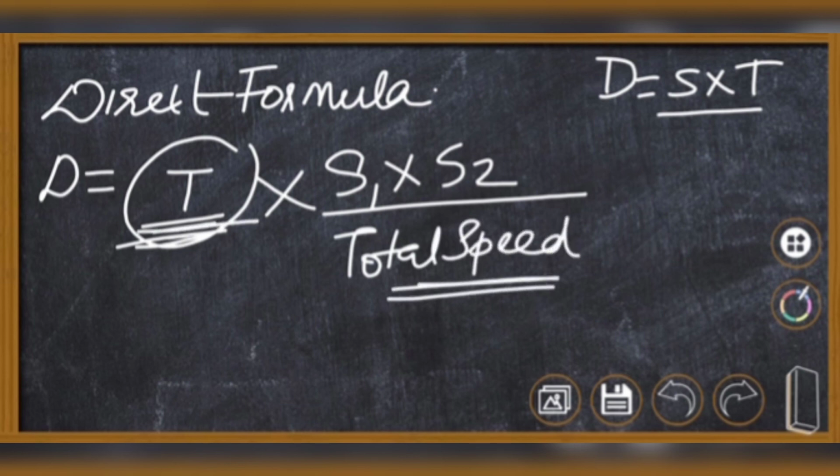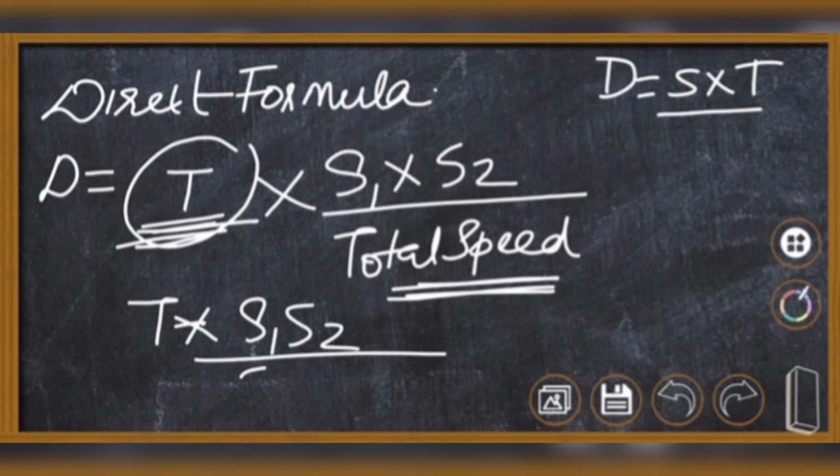So T into S1 into S2 divided by S1 plus S2, that gives you.